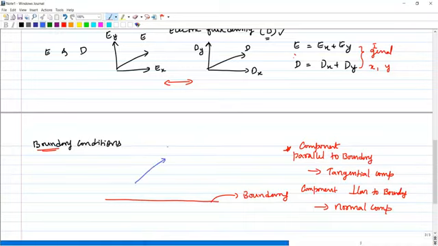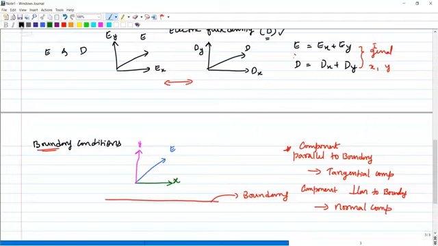Suppose this is the vector E, and I am going to resolve it into two components, the first component and the second component of E. Earlier this is y, and this is x.